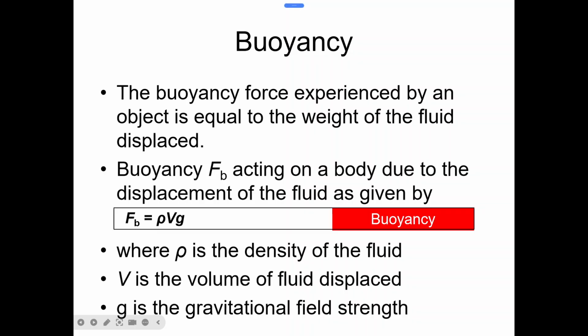What's the reading now? 2.4? Okay, read the volume right now. More than 500 or just about 500? Just about 500.